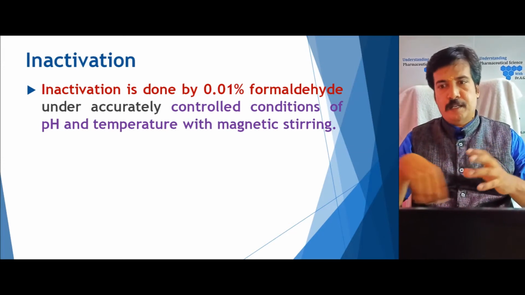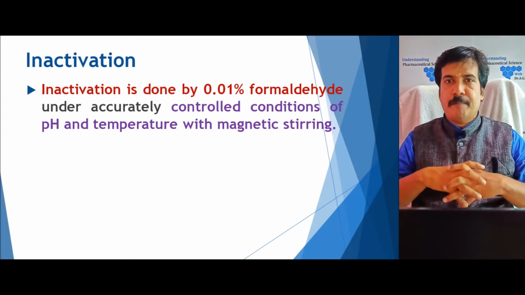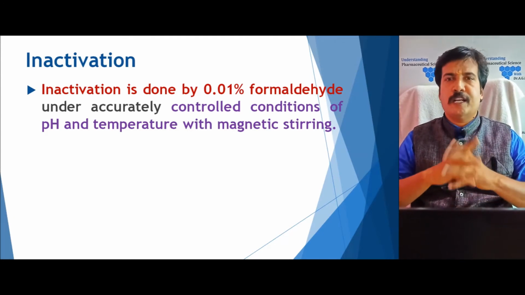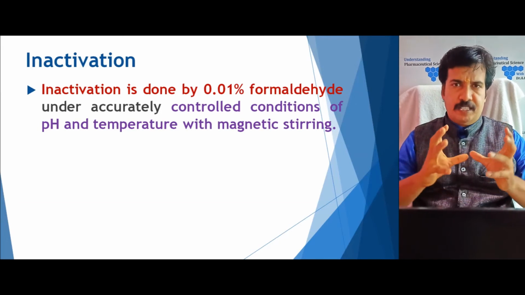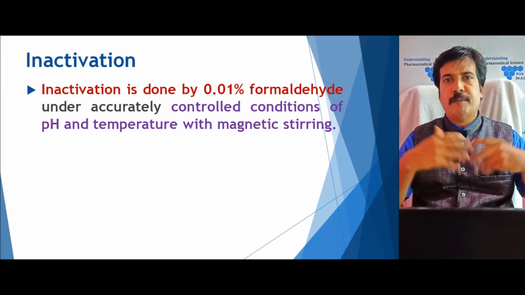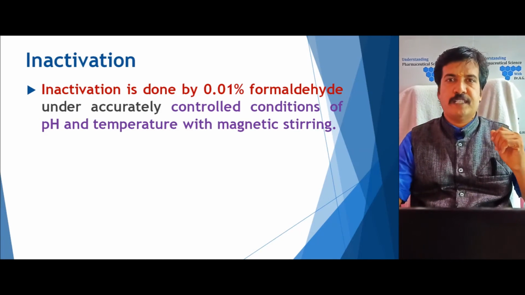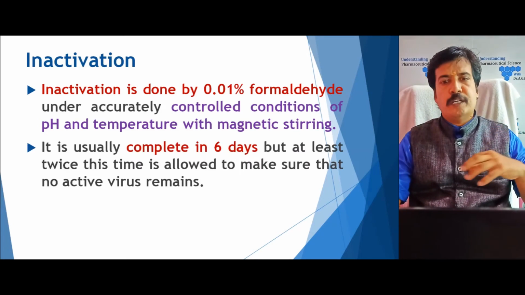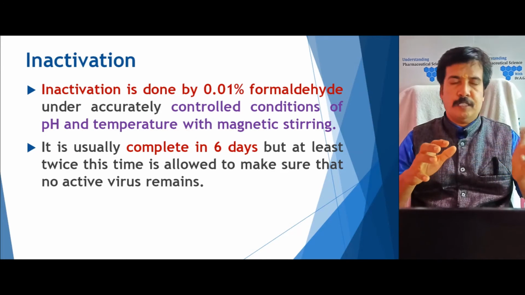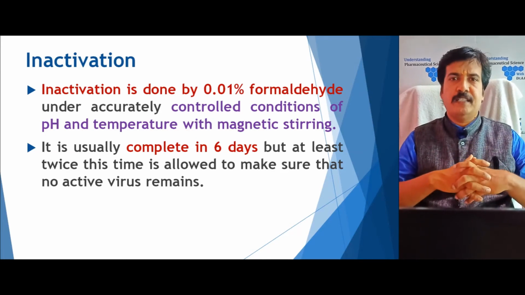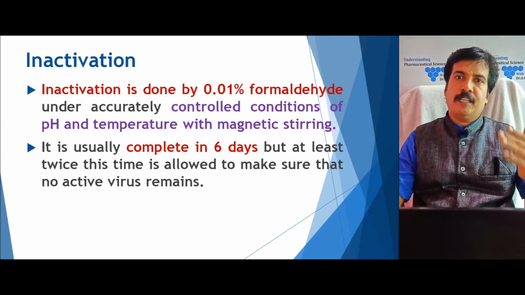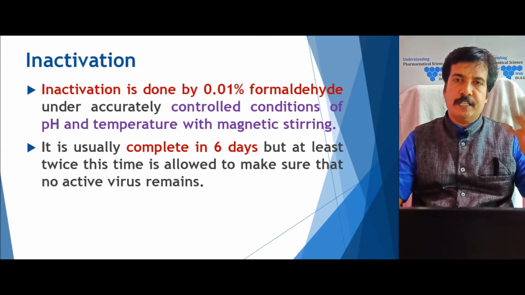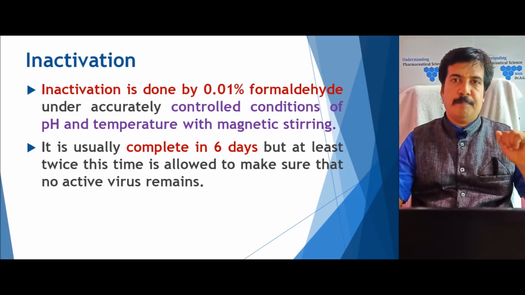Once it is stirred with the help of a magnetic stirrer under controlled conditions, at an optimum pH and temperature, and stirred continuously, the formaldehyde neutralizes the viral particles. The inactivation process can be completed within 6 days, but anyhow we will continue the process for 12 days, that is twice the 6 days. Otherwise, we will continue until no virus remains in the preparation.